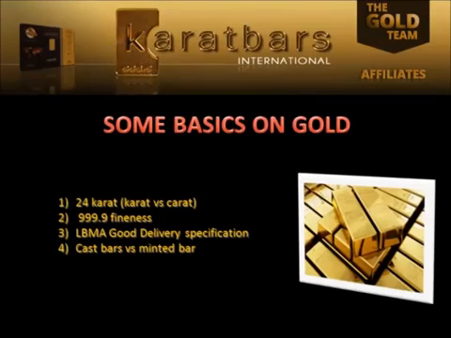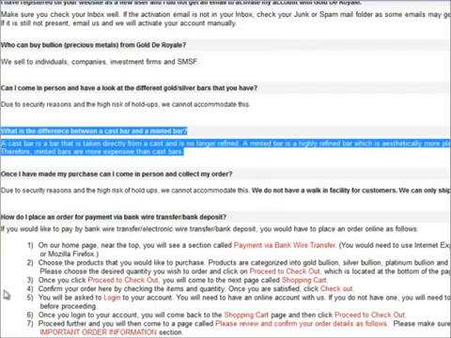So the next one here is where it says cast bars versus minted bars. You think, well, what's a cast bar and what's a minted bar? If you look at the photograph on the right, do you notice the shine on the gold bars? Personally, I think they're polished up for the photograph. This is the FAQs in one of the gold sites that I came across, and it says, what's the difference between a cast bar and a minted bar?